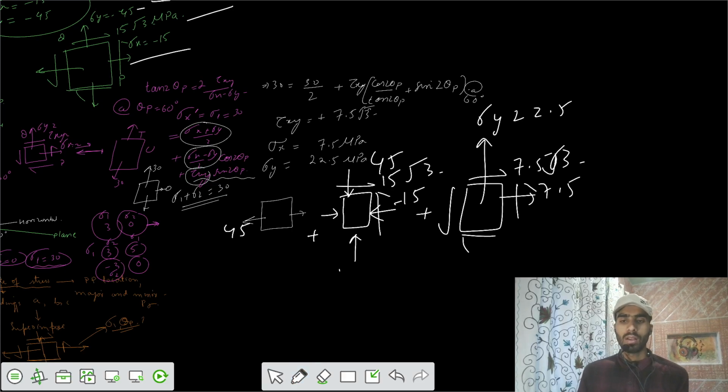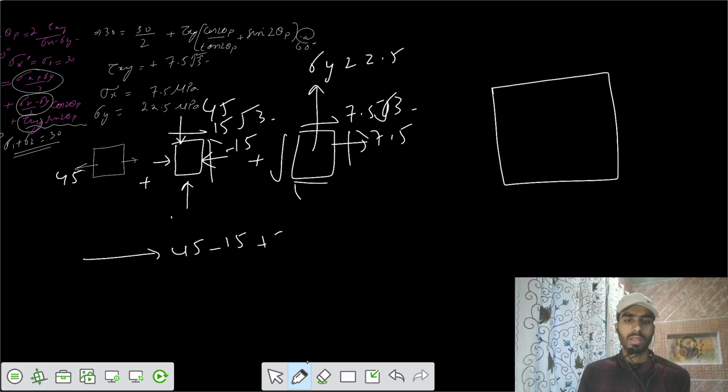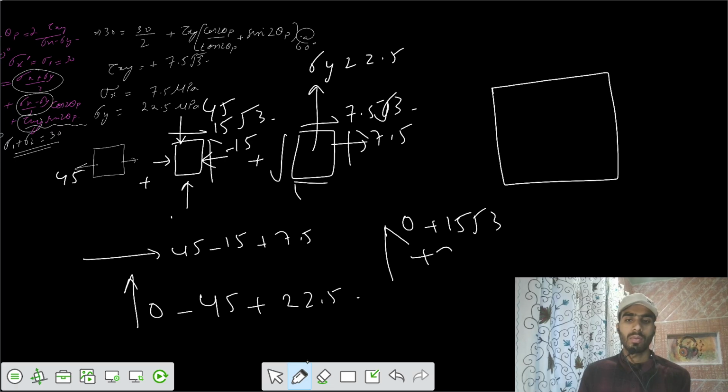So the final configuration would be, you have 45 plus, then we can write 45 minus 15 plus 7.5. Similarly, you can say upwards, 0 minus 45 plus 22.5. And similarly, shear stress value of 0 plus 15 root 3 plus 7.5 root 3.